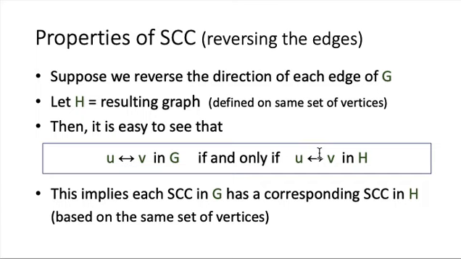Because of this, if we think of SCCs as a partition of the vertices, rather than as a graph, each SCC in G, represented by the set of vertices inside, will have a corresponding SCC in H, based on the same set of vertices.